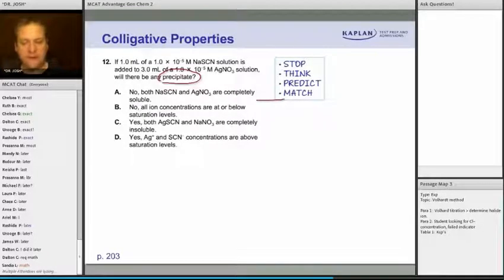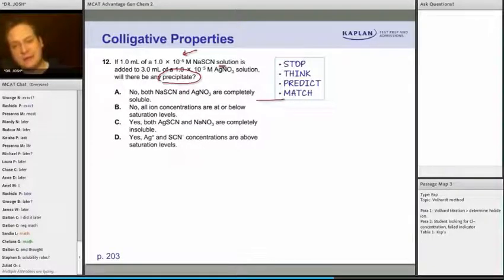Oh yeah, we're going to need to do some math. Specifically, we're going to have to look at the amount in solution. We're going to have to compare it to the KSP, and determine whether the ion product is greater than KSP, because that's when things precipitate.